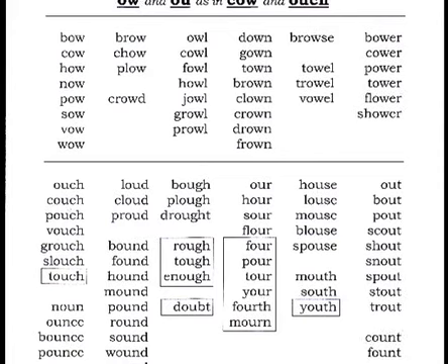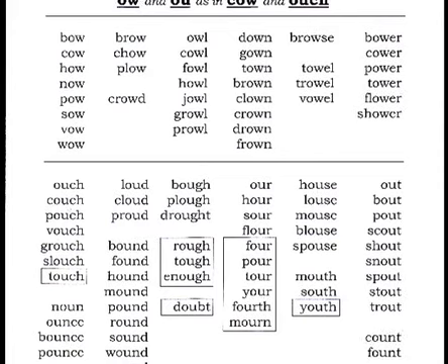So you've got bow, how, now, wow, plow, howl, growl, brown, town, down, downtown, browse, bower. And then in the OU family, you've got ouch, couch.